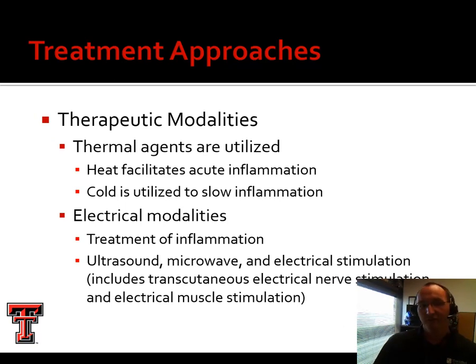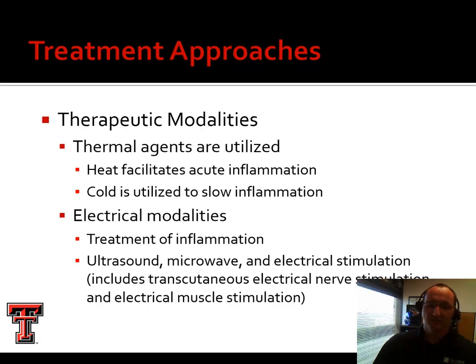Now, that's a full standalone course in the athletic training curriculum here. In this course, it's one chapter in the textbook, and we'll talk about ways to apply these modalities for various injuries. But we can use hot, superficial heat, deep heat, cold. We use cold to slow inflammation.